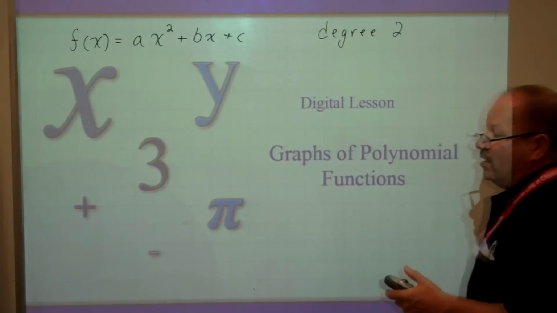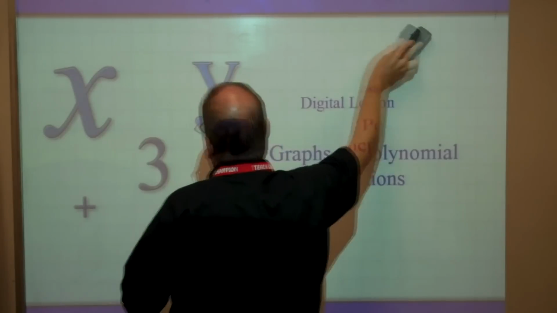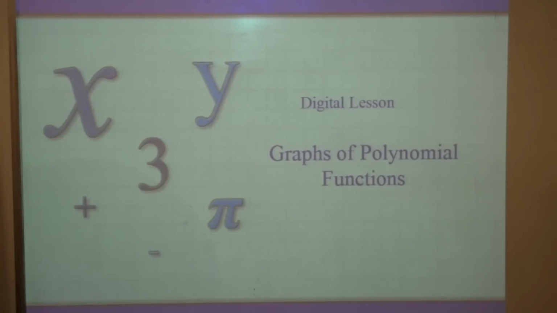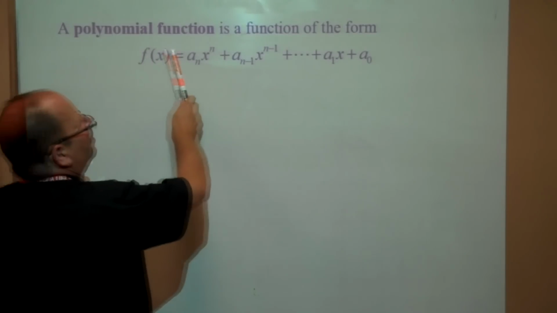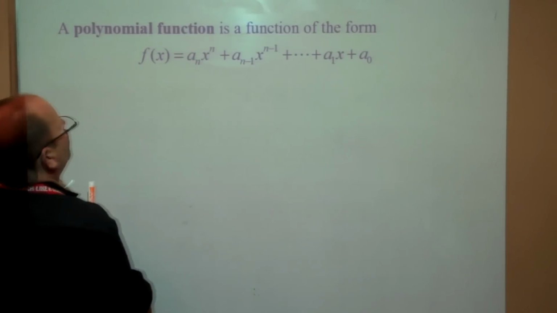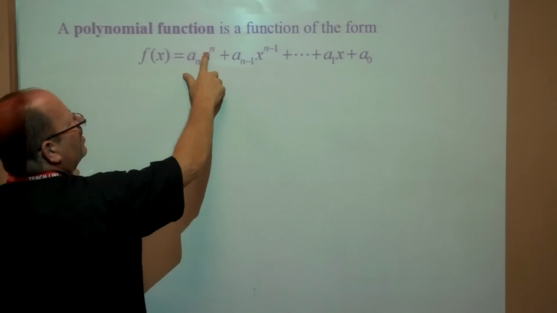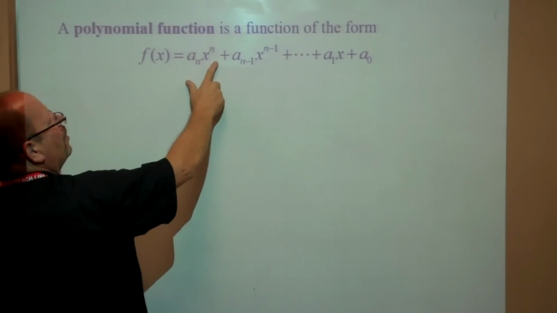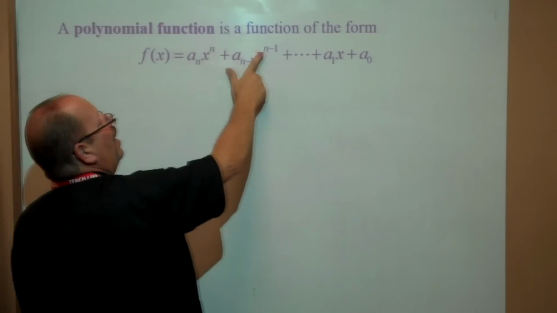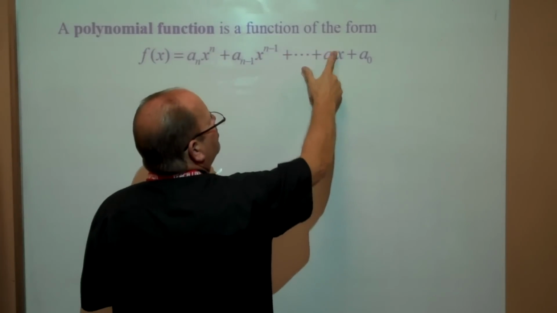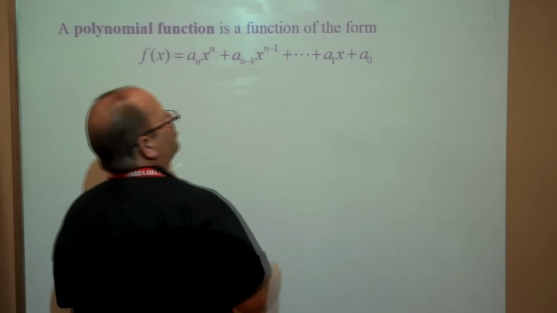So that's its degree. A lot of vocabulary in today's lesson. In fact, a lot of vocabulary in all lessons, especially today's. So the definition of a polynomial function is a function in the form f of x equals some lead coefficient, some number times x to some power, plus some other number times x to a power lower than that, plus some number times x to the first, plus some constant.